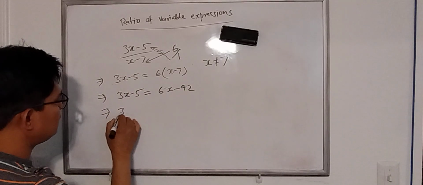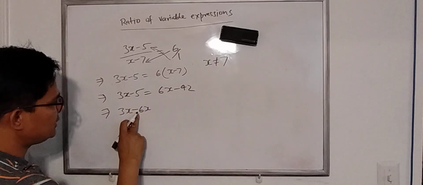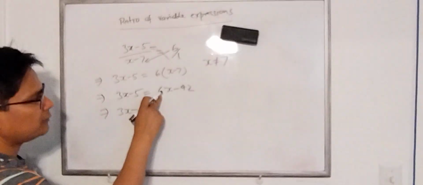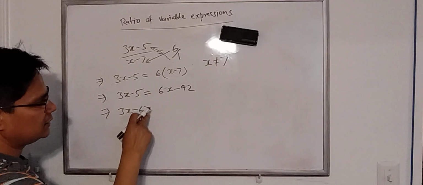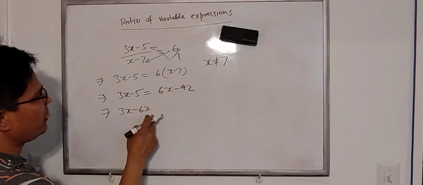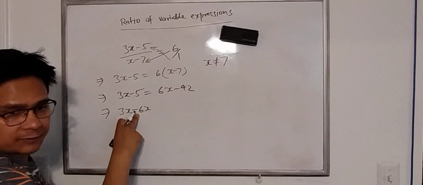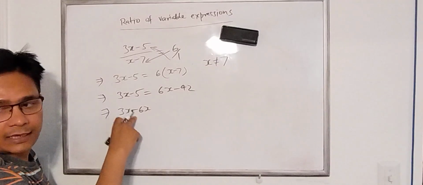So 3x minus 6x, and this 6x came to this side, so the sign of 6x will change. The coefficient of x here is 6; when you brought it to the left hand side, the coefficient will become minus 6. The sign will change.